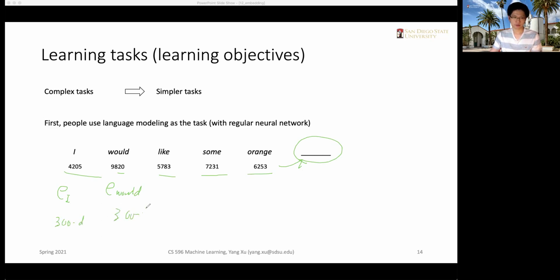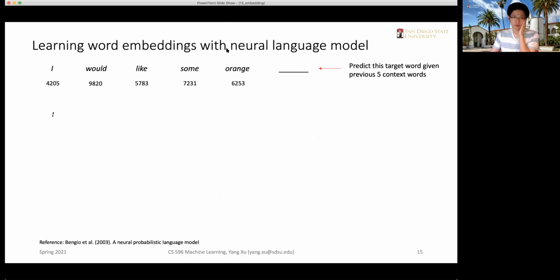300-dimensional vectors. So if we use the previous 5 words, for example, to predict the next word, and if we're using some regular network, then on the next slide, we can see that the network basically should be like this, right? We should use the first word "I" to extract the embedding vector by using the embedding matrix times the one hot vector, which gives us E of I, right?